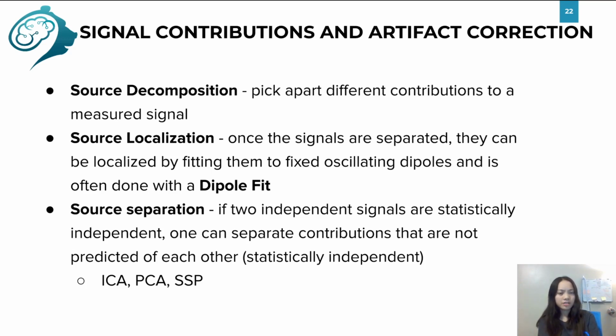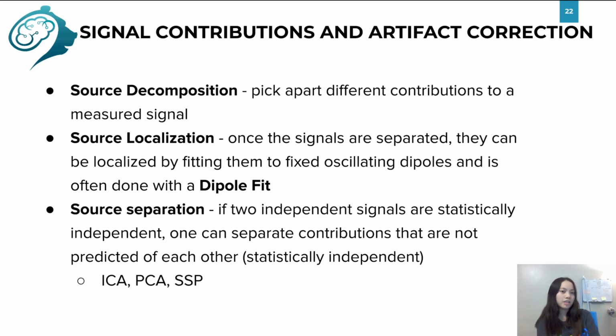If two signals are statistically independent, even if they are added together, one can separate contributions that are not predictive of each other, and this is called source separation. This would be done with independent components analysis, principal components analysis, signal space projection, or other methods. Once the signals are separated, they can be localized by fitting them to fixed oscillating dipoles, and this process is called source localization, and it is often done with a dipole fit.